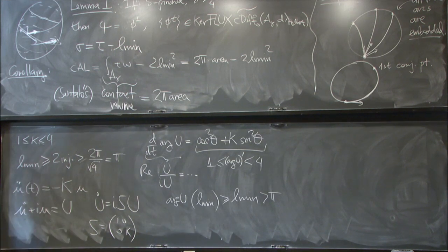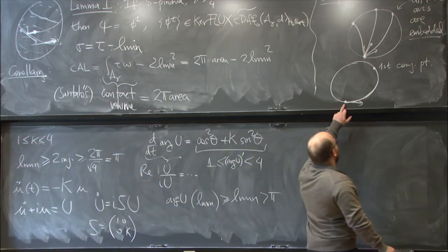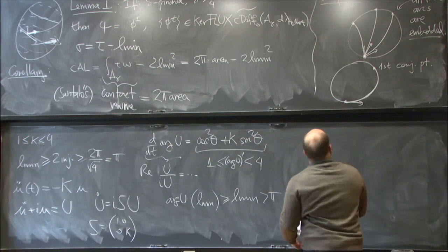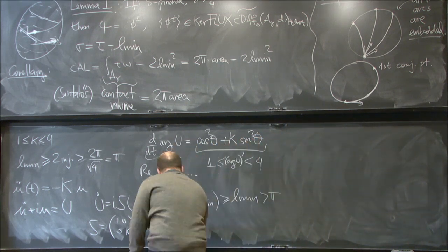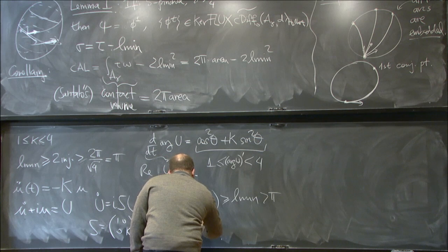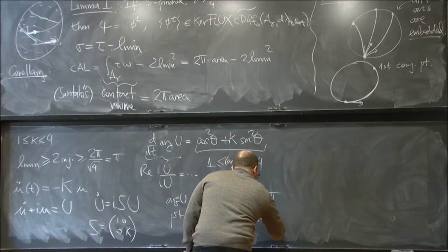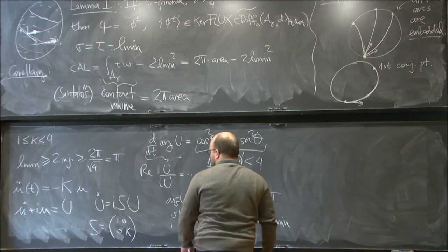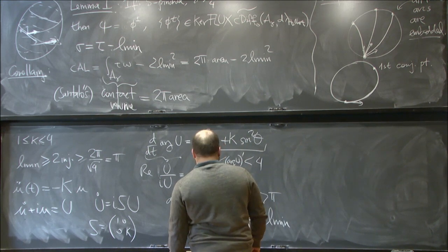It happens that there is a 0 of u before you hit this point back again. Okay? So this means that the first conjugate point occurs before L mean. Okay.